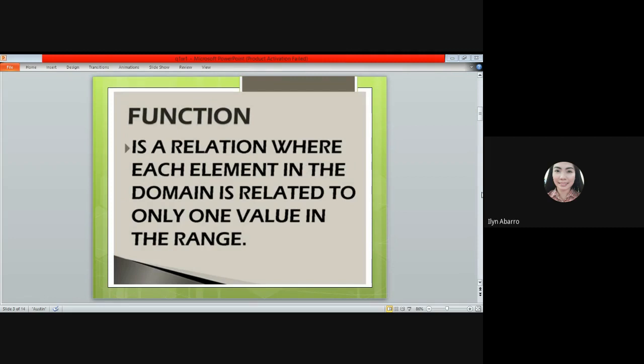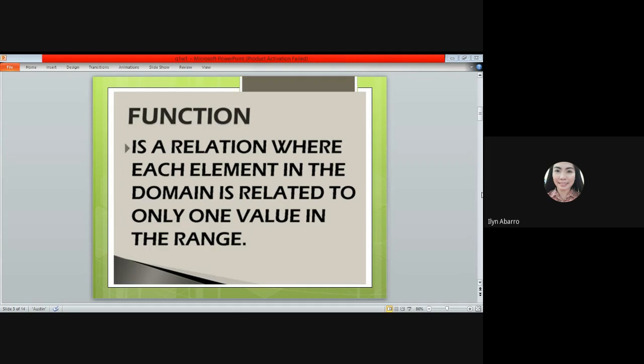Function. What is a function? A function is a relation where each element in the domain is related to only one value in the range. So one element in the domain should only be related to one value in the range.